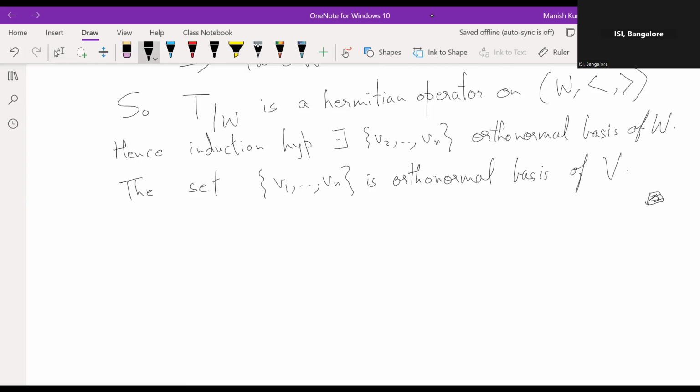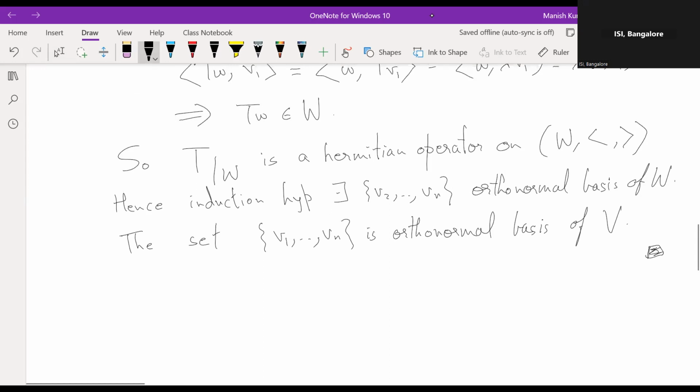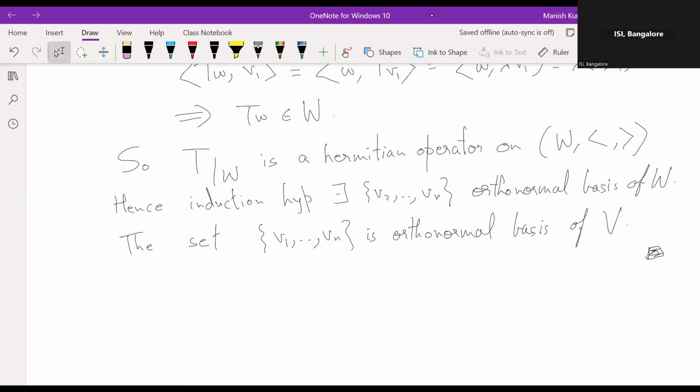Okay, any questions or comments? So don't we need to prove that V2, etc., Vn are eigenvectors? Sorry. So this is an orthonormal basis consisting of eigenvectors of T. That is how I get orthonormal. So induction hypothesis. Yeah, not just some. Sorry. Yeah, good point.